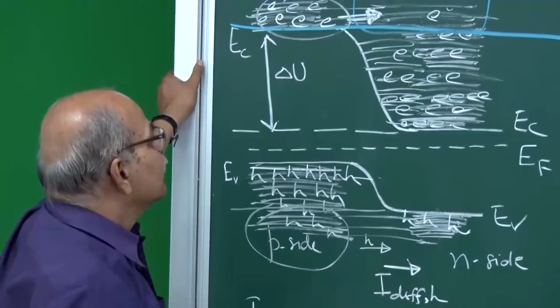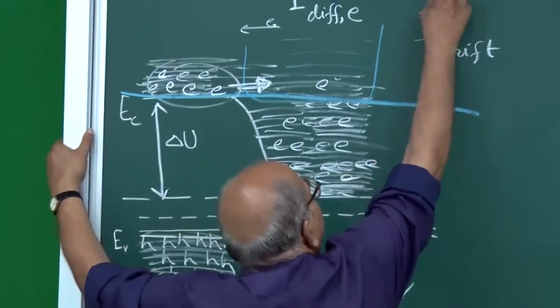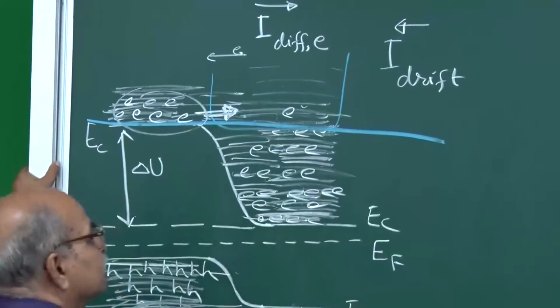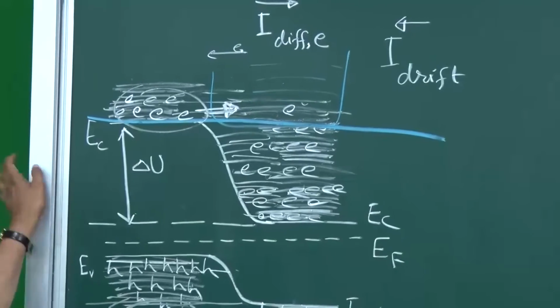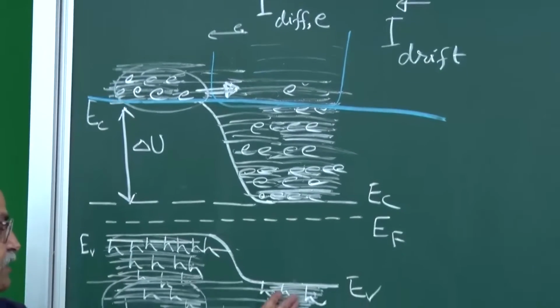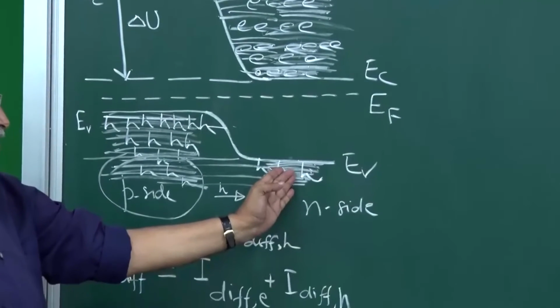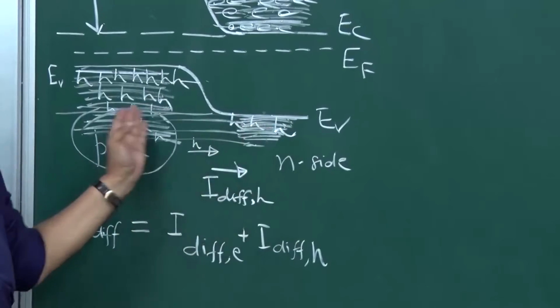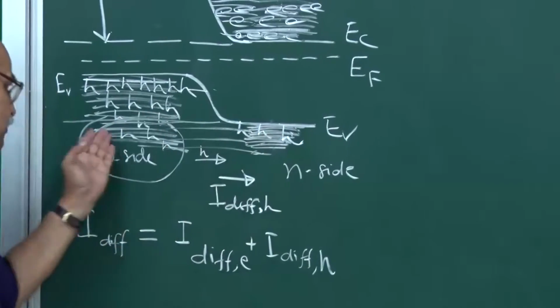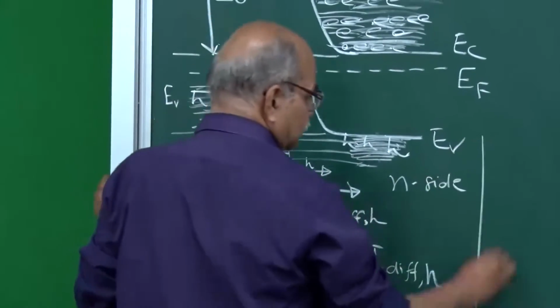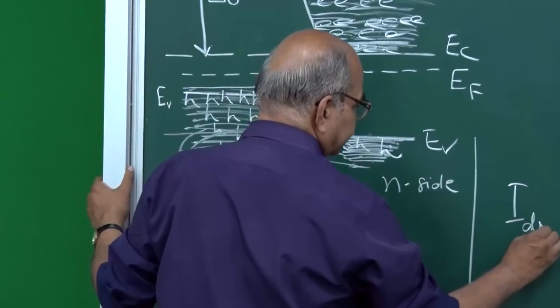So it is drift, and the direction is right to left. And here also the holes are going, these minority carriers, from right to left, and the current is also from right to left. So you will have I drift.